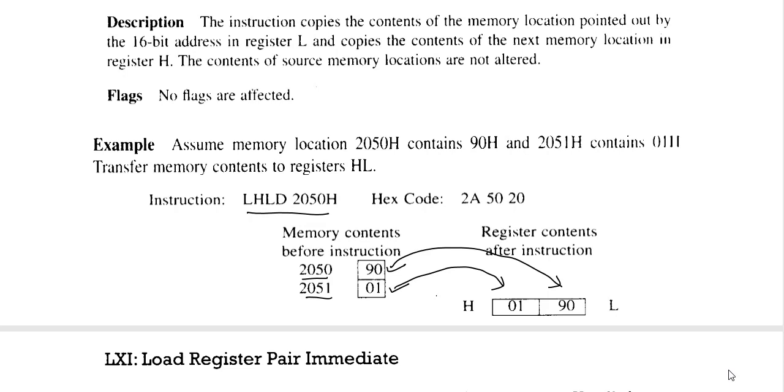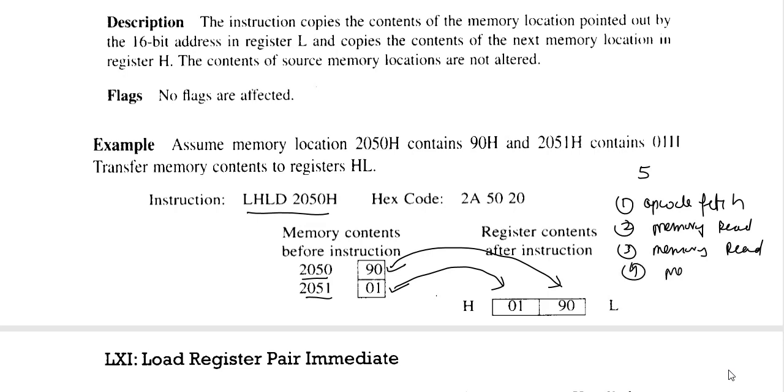Again memory read, which means it has five machine cycles: opcode fetch, memory read, again memory read, again memory read, again memory read.